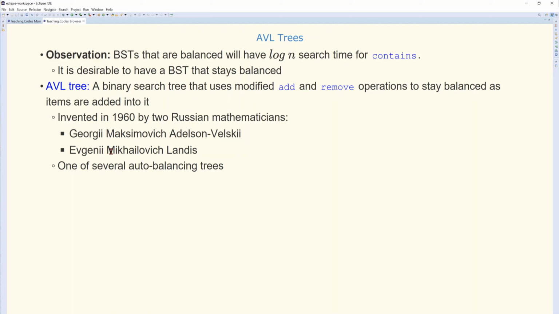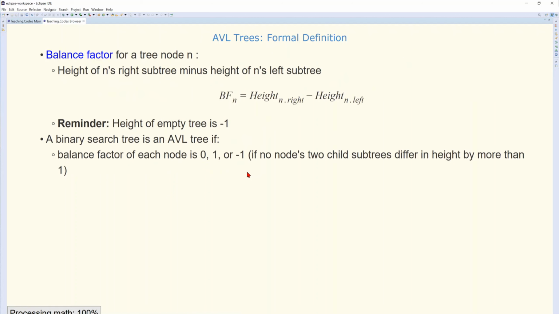And in 1960, 2 Russian mathematicians were able to devise the algorithm that would achieve this. It's one of the several known auto-balancing tree algorithms. There are other alternatives, but this is the most famous one. Auto-balancing tree means a tree that balances itself after every add or remove operation.